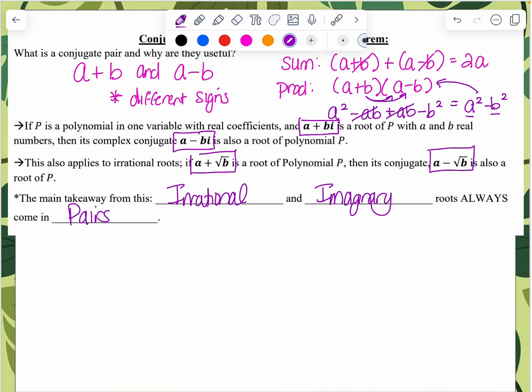So for instance, if they say the square root of 7, you have to know that there's also a negative square root of 7. You have to be able to add that. If they say one of your solutions is negative 5 plus 7i, you have to know that it's also negative 5 minus 7i. So you have to be able to do that.